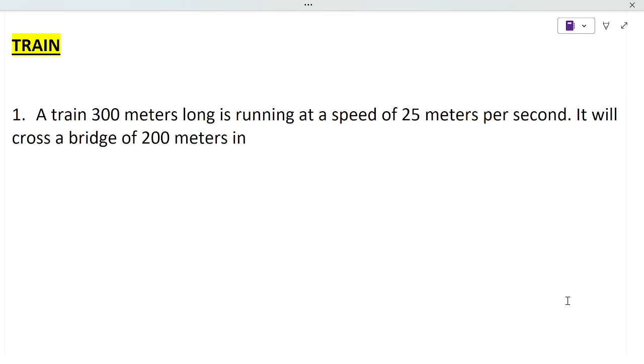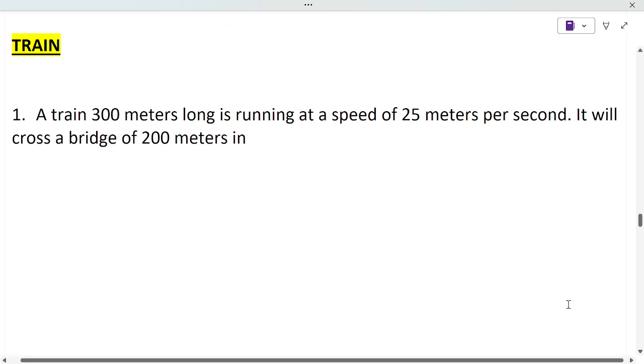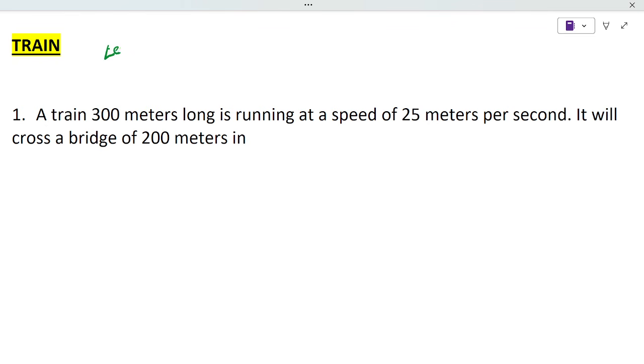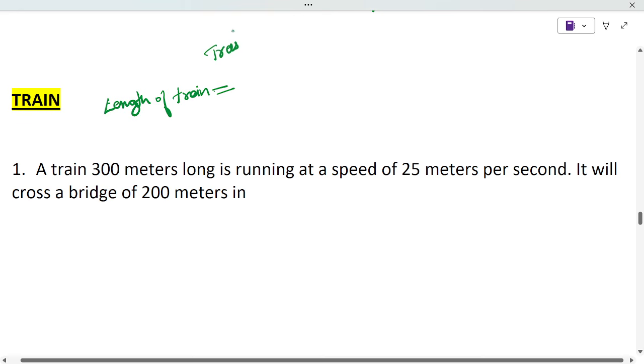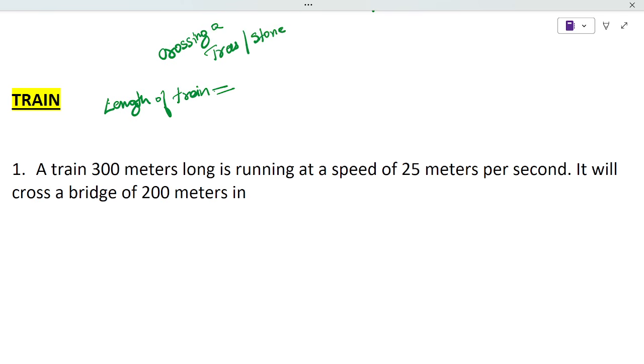Keep this in mind that when a train is crossing a tree, or a stone, or a very small object compared with the size of the train, maybe an electric pole, or maybe an animal or a man, then the length of the train is the distance.